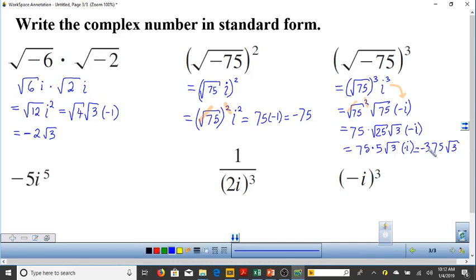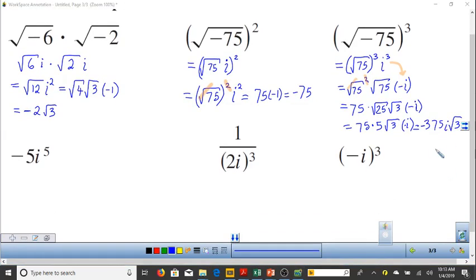So we get negative 375i square root 3. We put the i in front of the radical so that it doesn't appear to be under the radical.